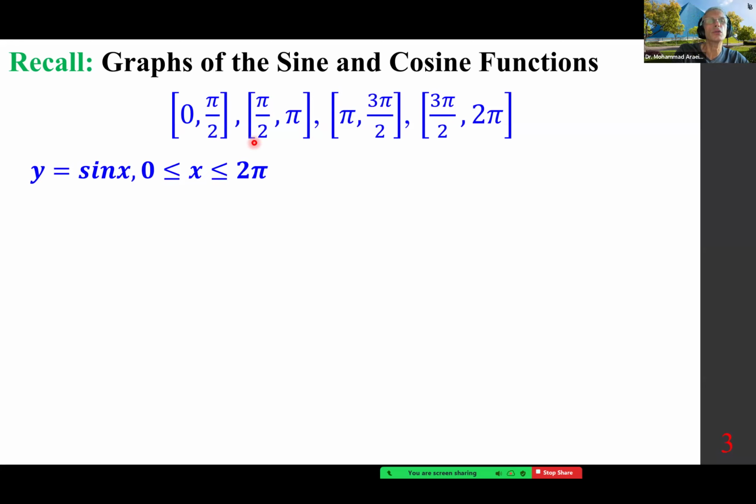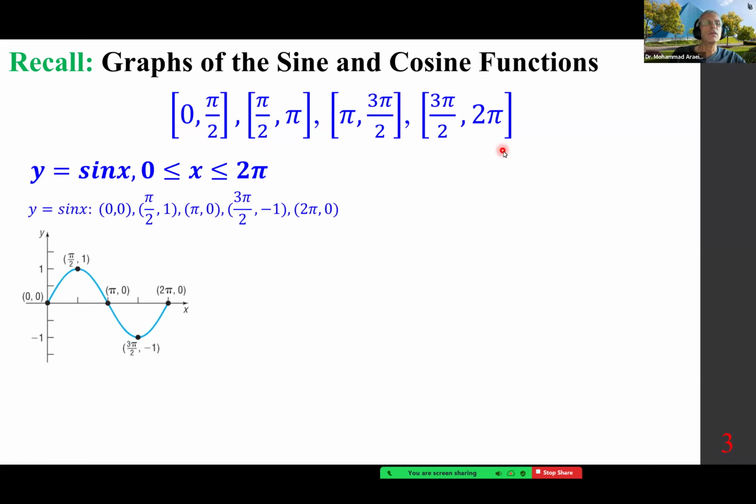So 0 to pi over 2, pi over 2 to pi, pi to 3 pi over 2, 3 pi over 2 to 2 pi. That gives rise to 5 key points: (0, 0), (pi over 2, 1), (pi, 0), (3 pi over 2, negative 1), (2 pi, 0). So 3 x-intercepts, 1 max, 1 min.